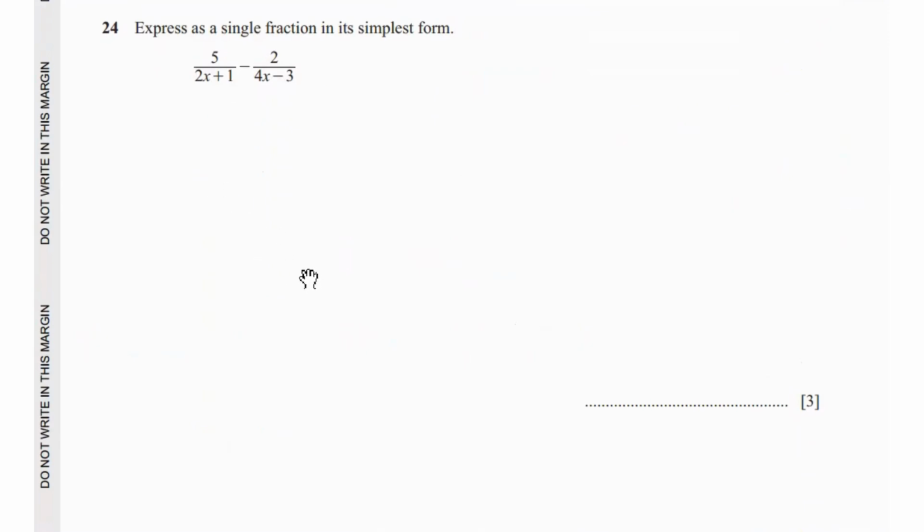Then express as a single fraction in its simplest form. So we have two fractions being subtracted, but as you can see, their denominators are not the same. So first step is to make the denominators equal. That can be done by multiplying the first fraction by 4x minus 3 and the second fraction by 2x plus 1.